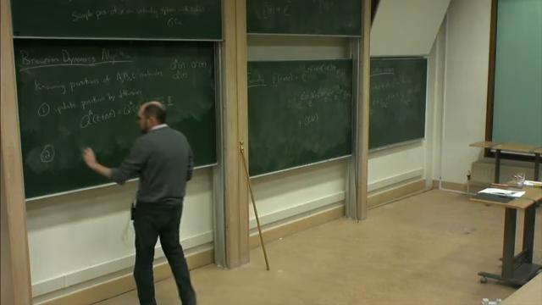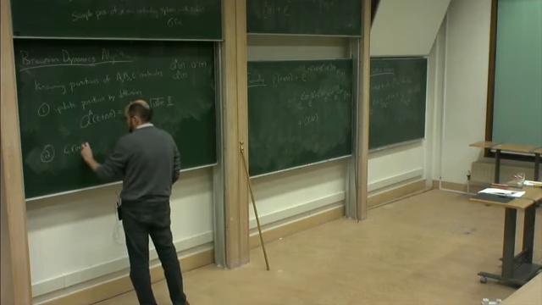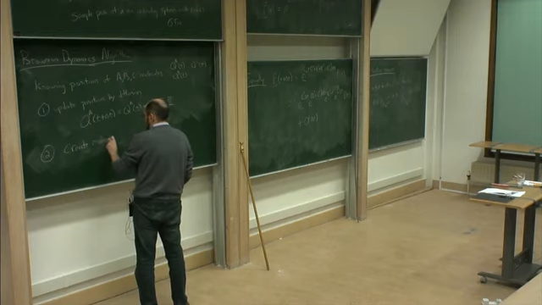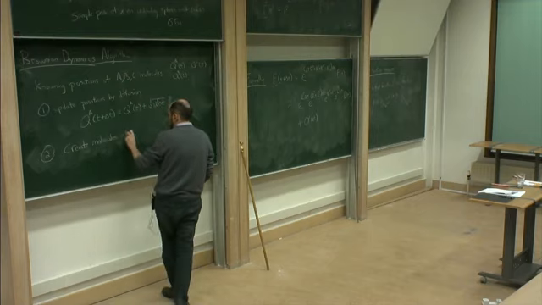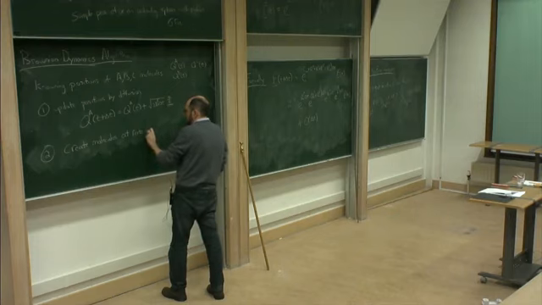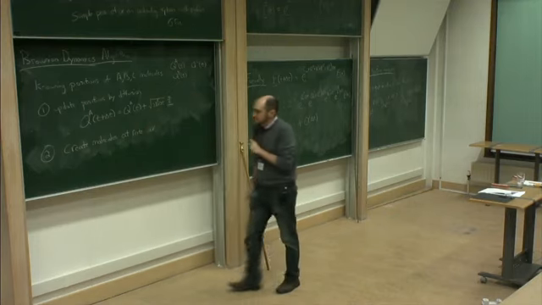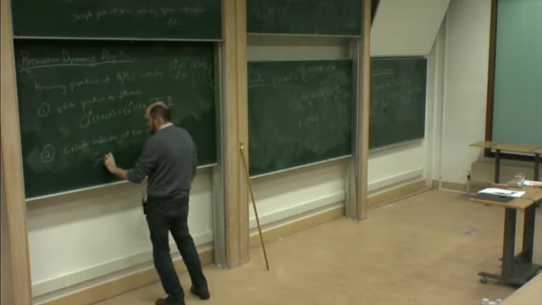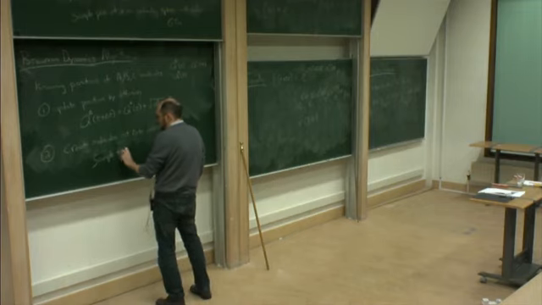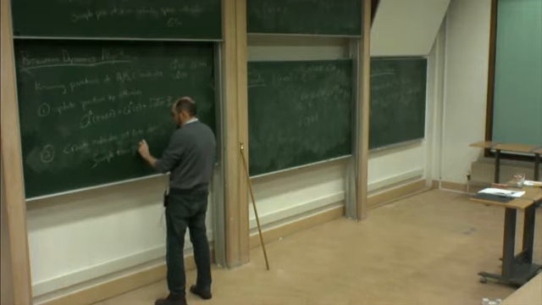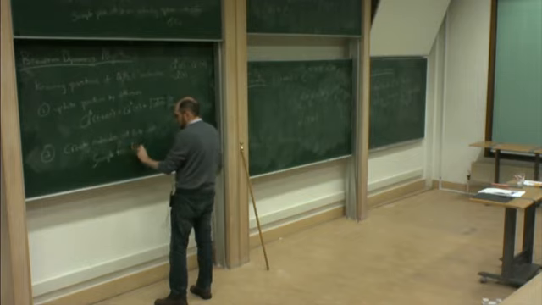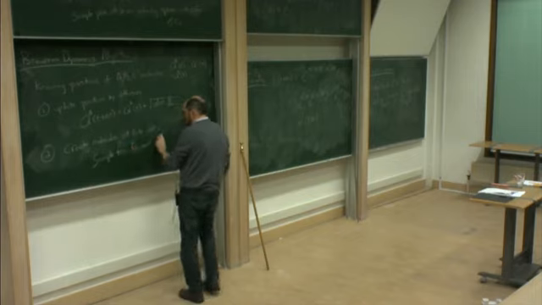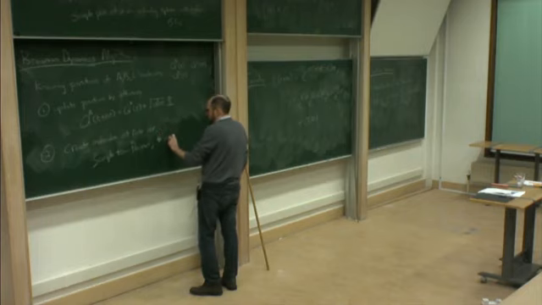So we create molecules at rate alpha v. So we just sample from a Poisson distribution the number that were created during a time step.